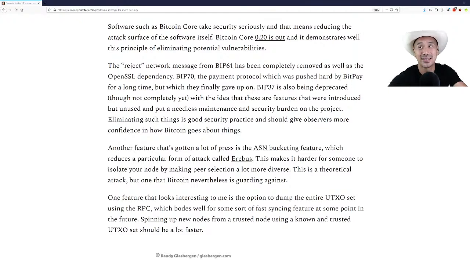It's being completely deprecated as part of 0.20. BIP37 is also another deprecated feature, which creates a lot of vulnerabilities from a denial of service angle. BIP37 is also going to be sunset, although not necessarily in 0.20.